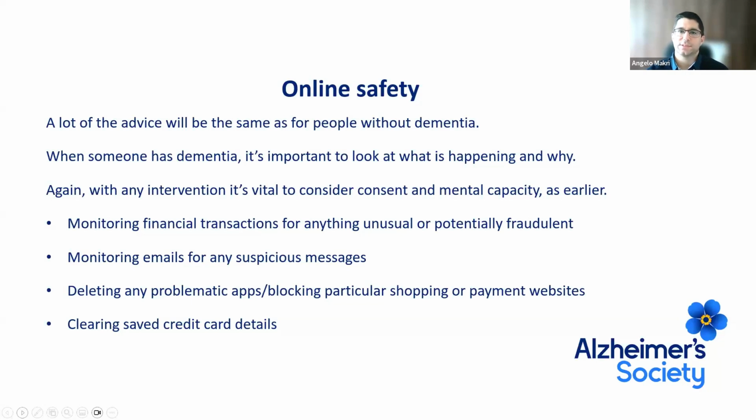When someone has dementia, though, it's important to look at exactly what's happening and why it's happening, and also when it's happening. So an example of this is if someone is compulsively shopping, buying things on websites all the time, look at when that's happening, what their mood is like. Are they trying to fulfill some kind of unmet need?